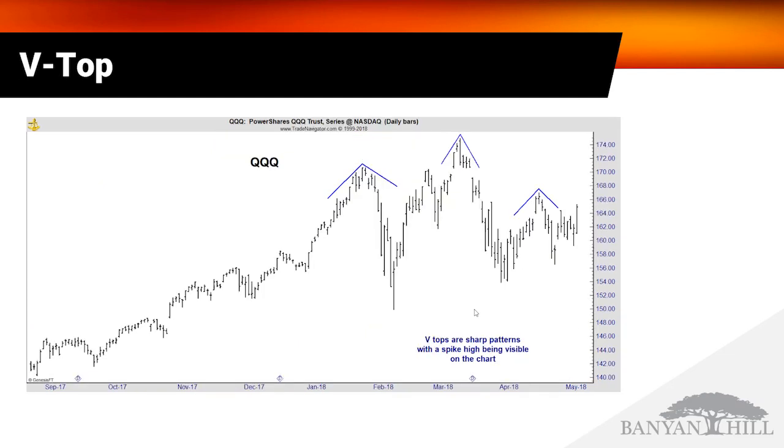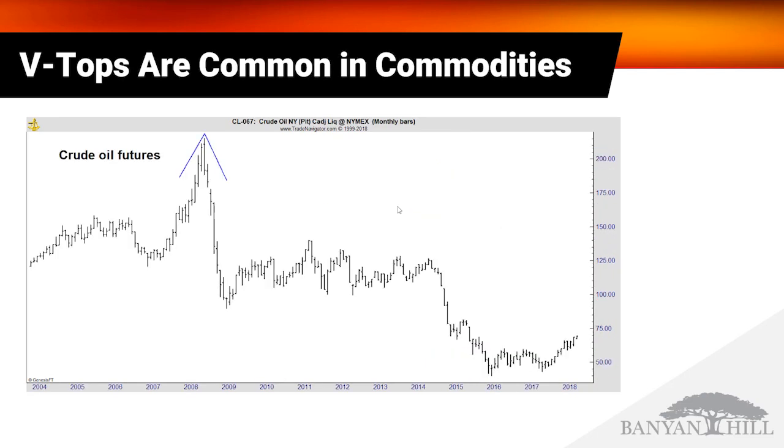The V-top is a sharp pattern. Prices race up and race down. That's psychology. That's nervousness. Traders are nervous when we see these V patterns forming, and we tend to see large moves develop from that. Now, V-tops are especially common in commodities like oil and gold.